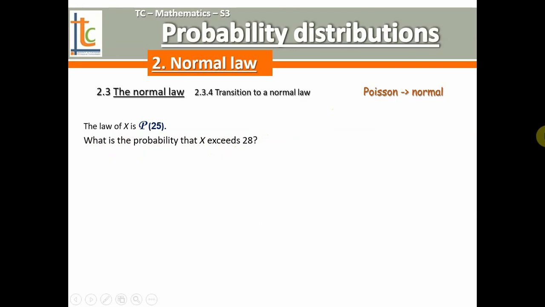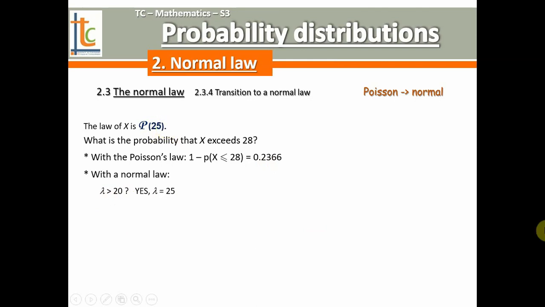But let's create a normal distribution and ask for the probability this way. With the Poisson law, your result would be 0.2366. So let's see with the normal distribution. The criterion that has to be met is lambda more than 20, and yes, it's true because here lambda equals 25.